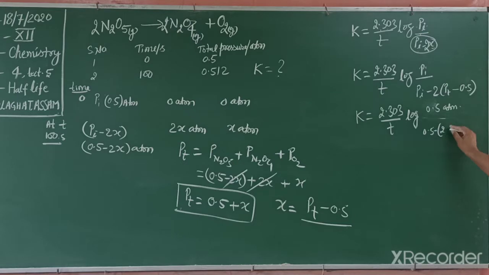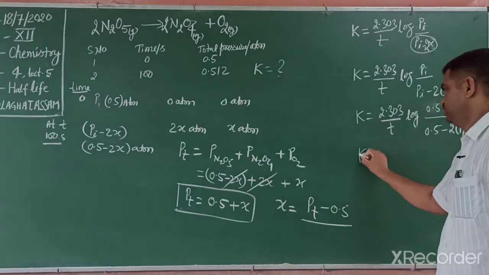2 Pi 0.5 minus 2 into P total minus 0.5. If we solve this, then minus this value plus 2, 5, 10 means 1.